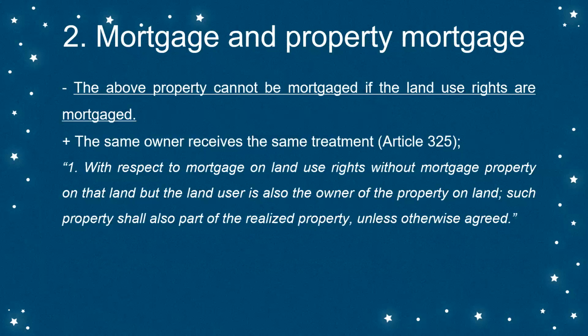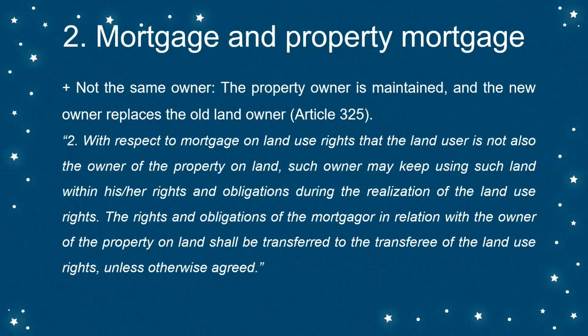The same owner receives the same treatment. Article 325: with respect to mortgage on the land use right without mortgage of property on that land, where the land user is also the owner of property on land, such property shall also be part of the realized property unless otherwise agreed.